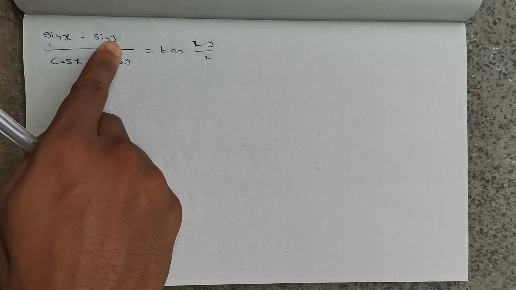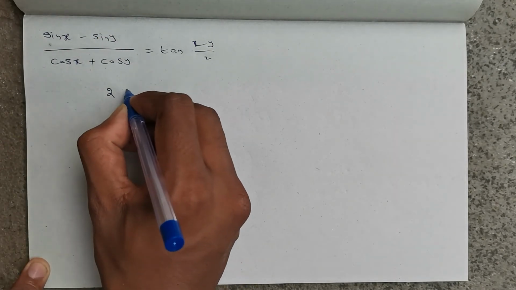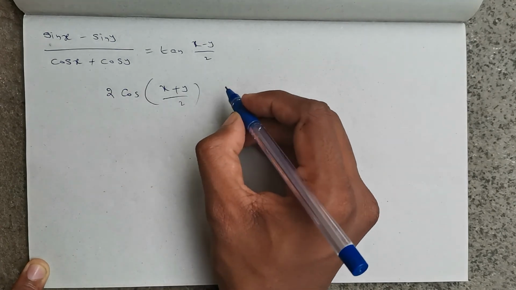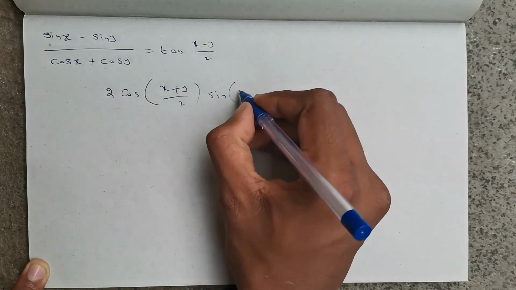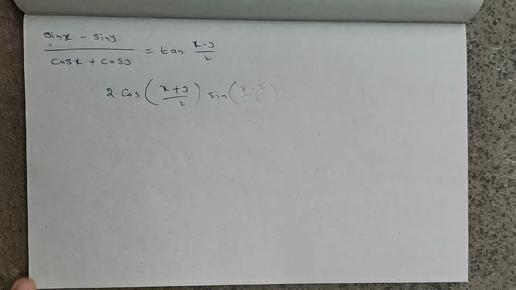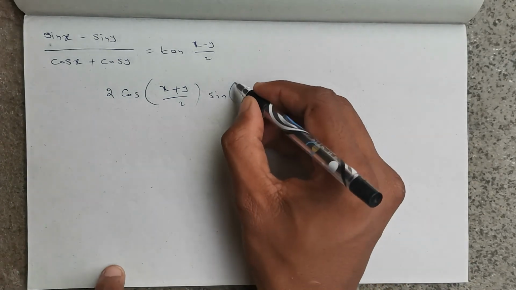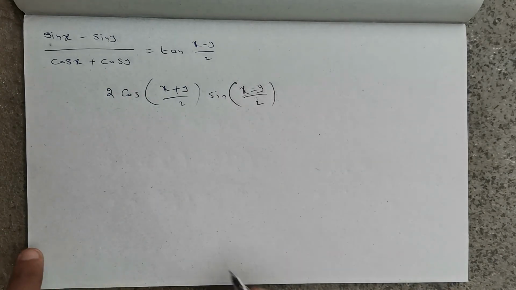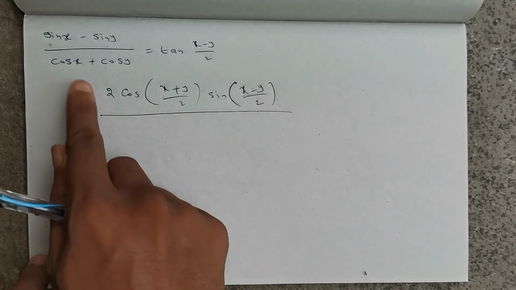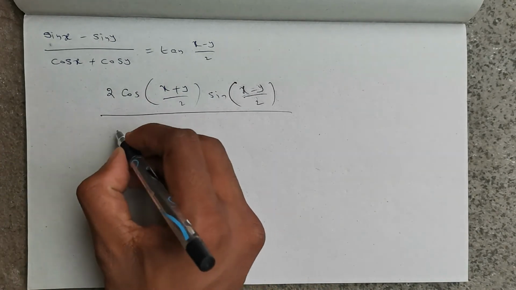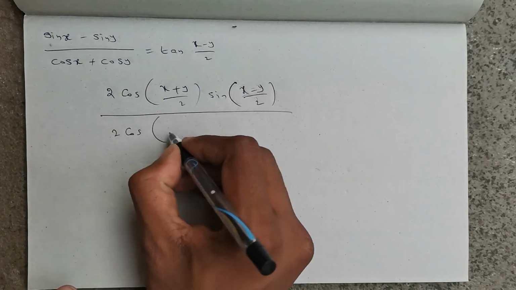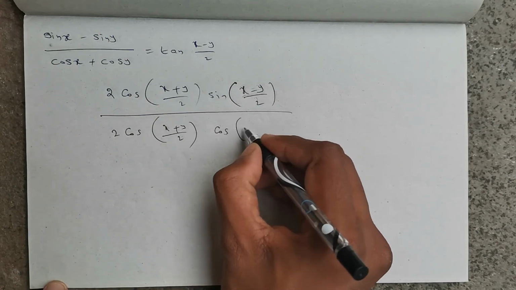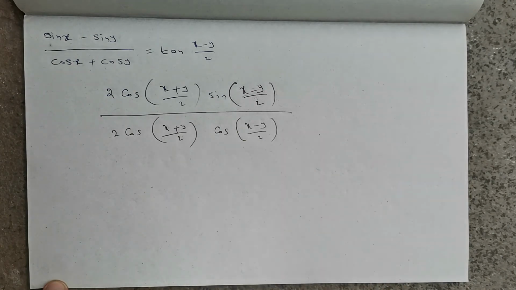Sin x minus sin y is nothing but 2 into cos of (x plus y) by 2 into sin of (x minus y) by 2, whole divided by cos x plus cos y, which is nothing but 2 times cos of (x plus y) by 2 into cos of (x minus y) by 2.